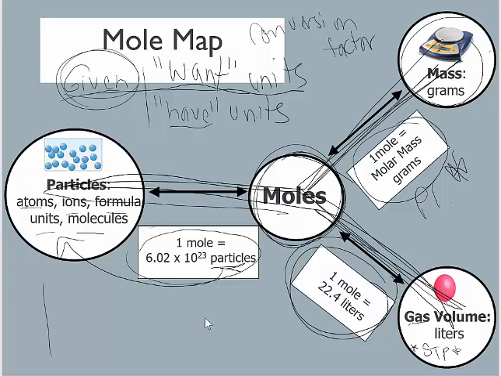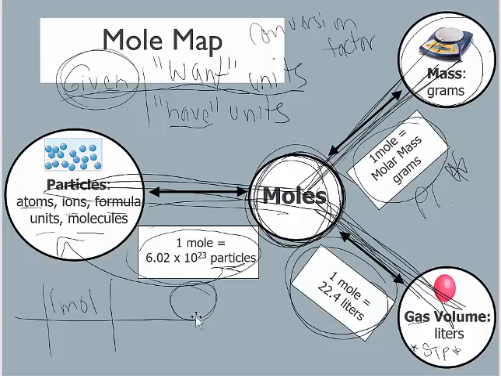So if that is true, we would use a conversion factor that has two steps in it. Your first step would be to get it to moles. Once you get to moles, you know you can go in any direction.